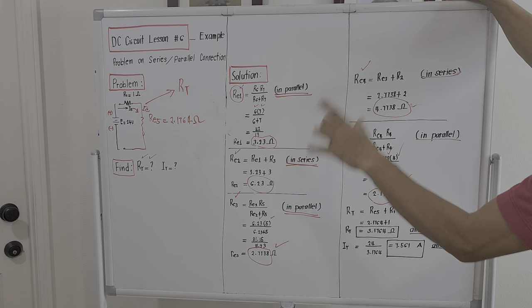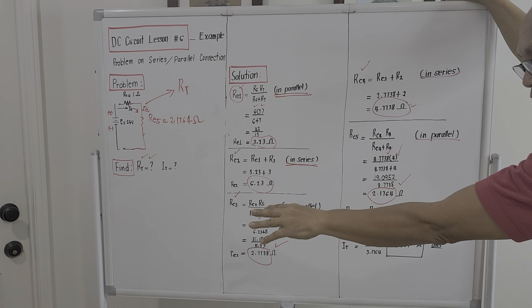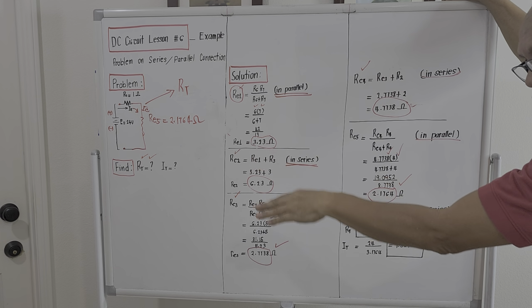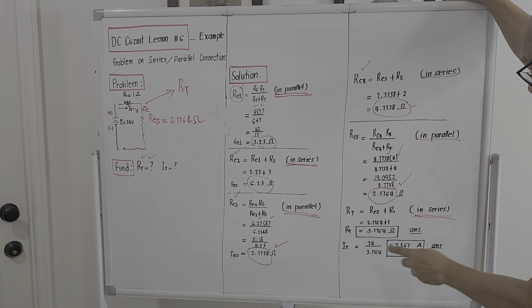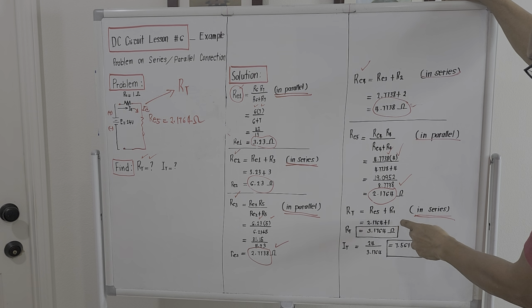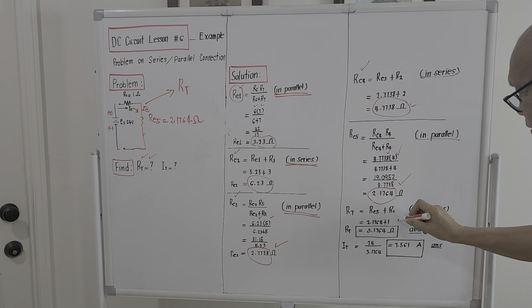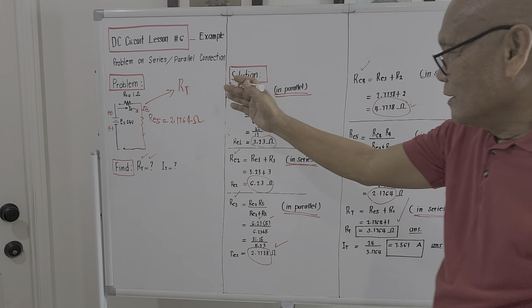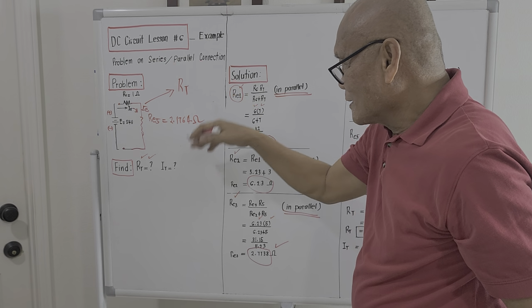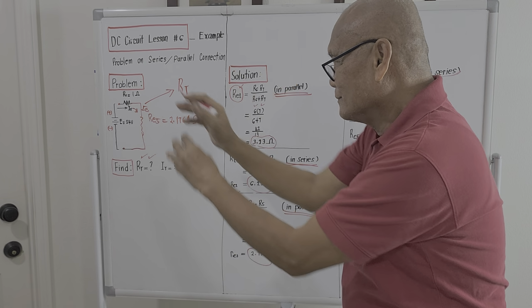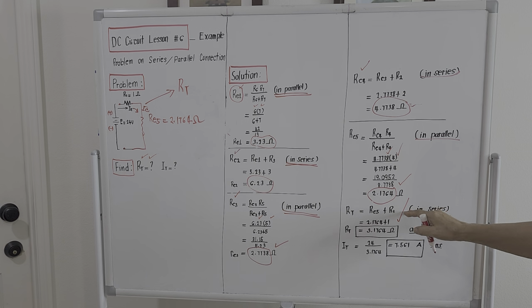And the single equivalent resistance of the entire circuit, which is a combination of series parallel connection, will be 3.1764 ohms. That's the single equivalent of the complicated original circuit after compressing it.